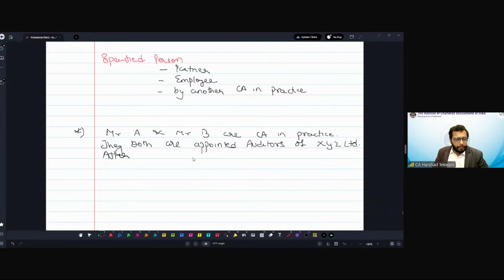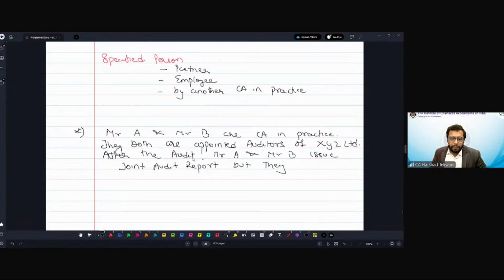After the audit, Mr. A and Mr. B issue a joint audit report, but they have only checked their respective areas.